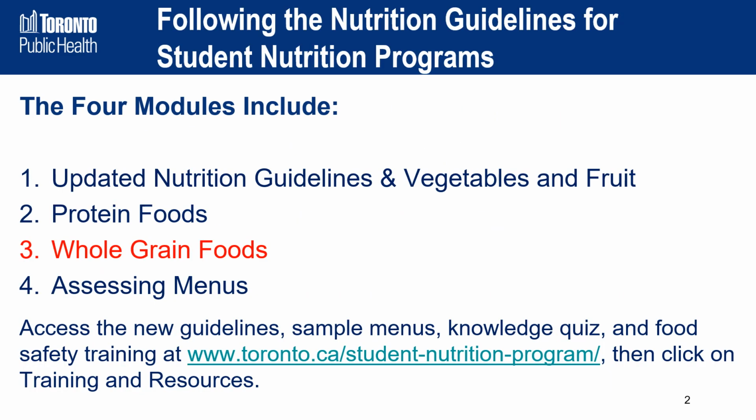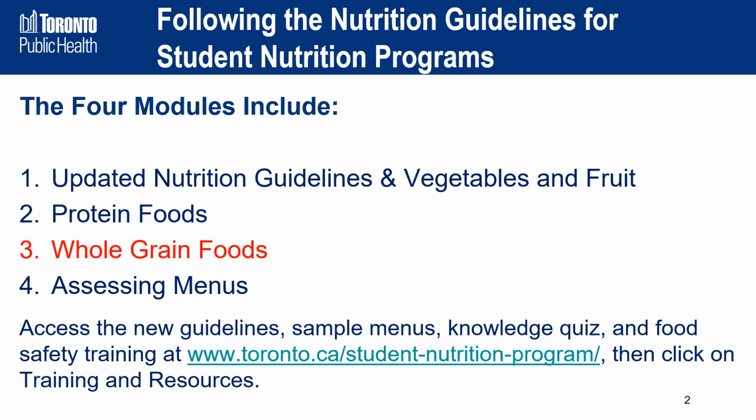This is the third of 4 modules in a series of training videos on following the nutrition guidelines for student nutrition programs. In order to receive a certificate recognizing that you completed the full training, you must complete all 4 training videos and complete a knowledge quiz. You may find it useful to have a copy of the Nutrition Guidelines Summary for Student Nutrition Programs with you to help you follow along.